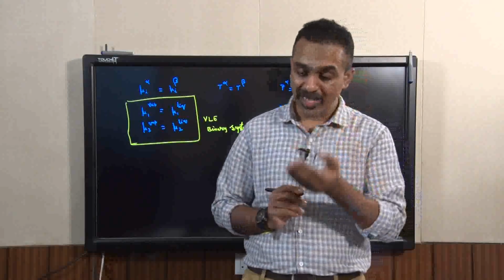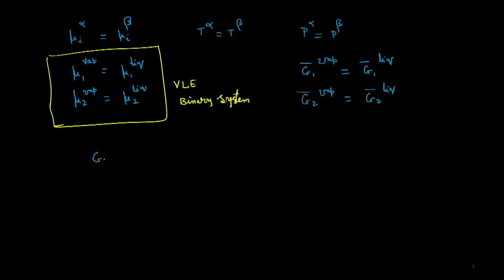If you recall, for an ideal gas, G1 bar for an ideal gas was G1 for the ideal gas of the pure species at the same temperature and pressure plus RT ln y1.